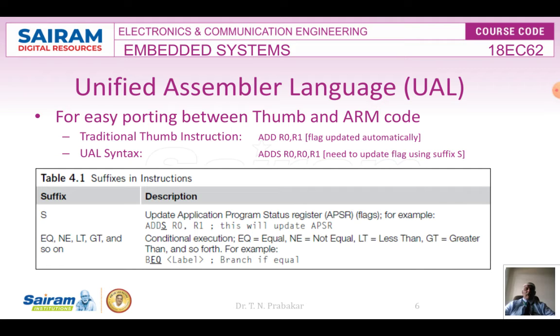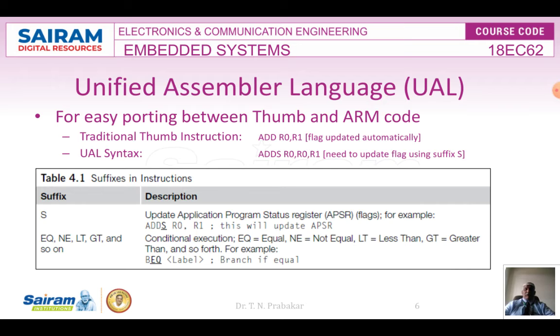So in this case addition will be performed. That is, R0 and R1 will be added and the result will be updated in R0, right? But here you can see there is a suffix S available, and this will make the flags update. So we have to intentionally add an S in order to update all the flags that are available here. So you'll see the description: the S is used to update the flags.